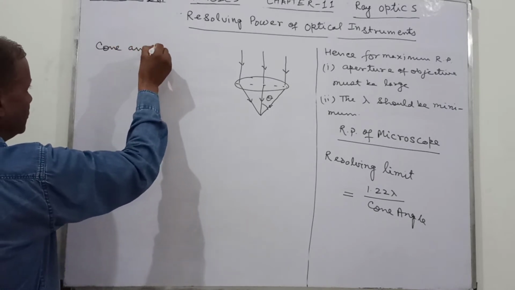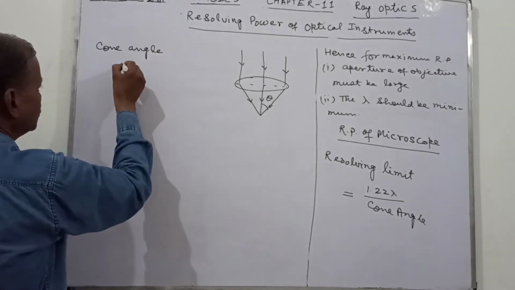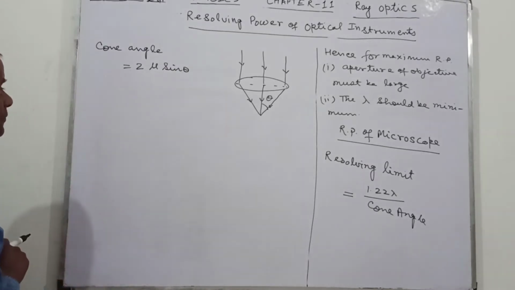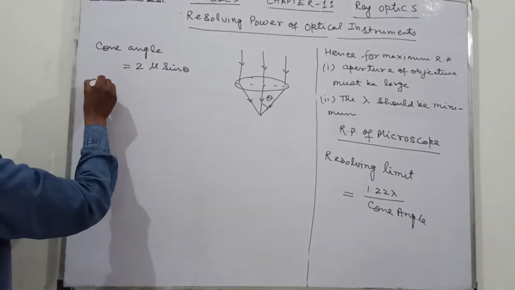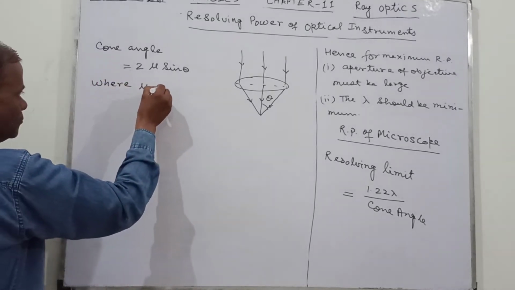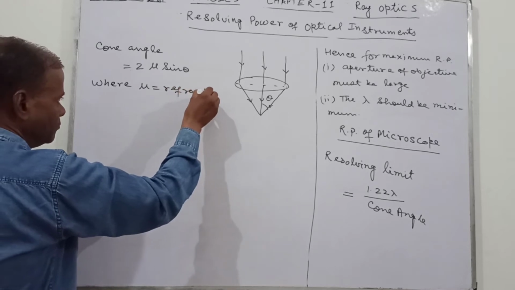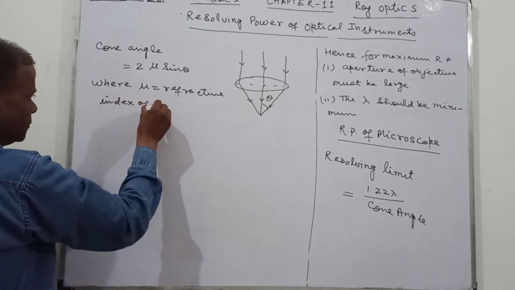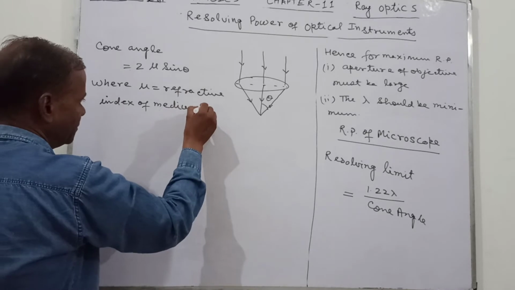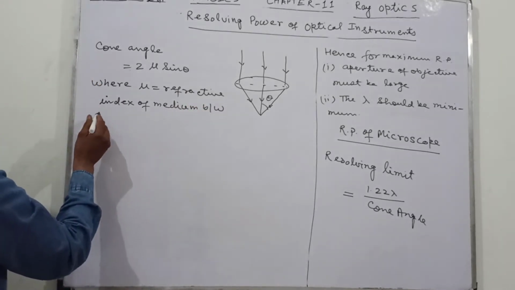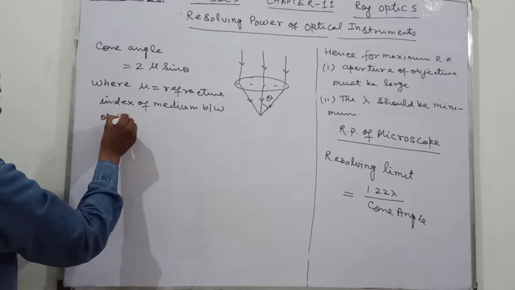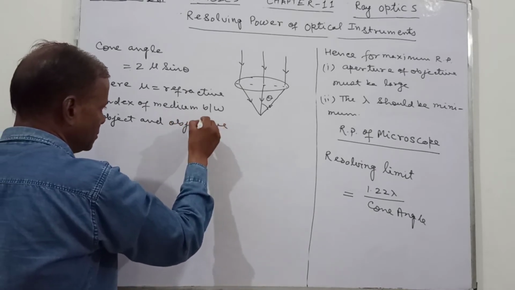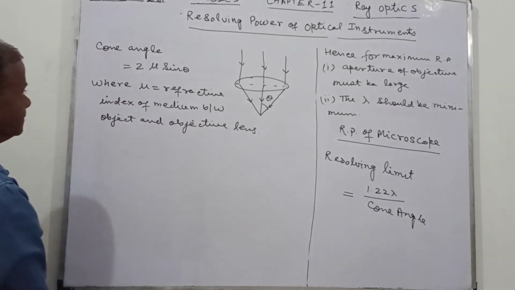The cone angle is equal to 2 mu sin theta, where mu is the refractive index of the medium between the object and the objective lens. Theta is this angle.